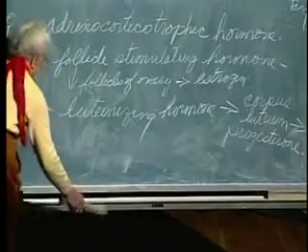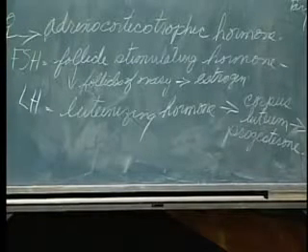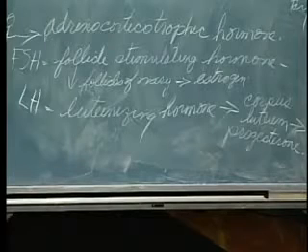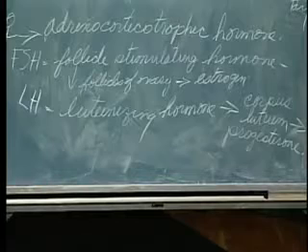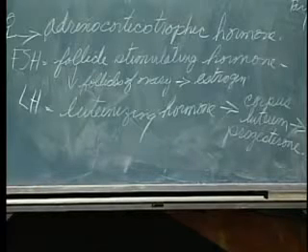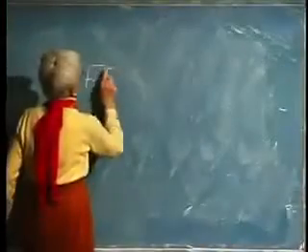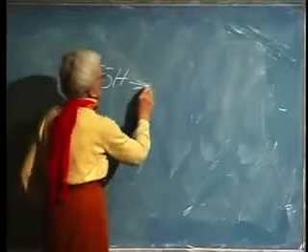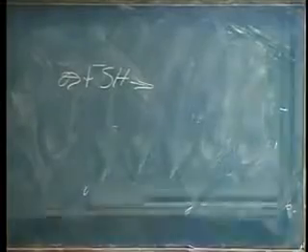What is follicle-stimulating hormone doing for the male? I want to take this off and I'll continue with my other two. So FSH in male will be acting on the tubules that produce the sperm, the seminiferous tubules.